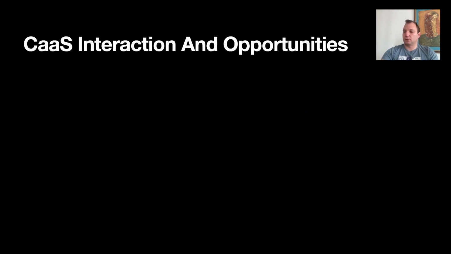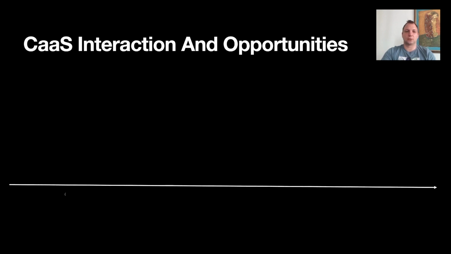Okay, so let's move on to our next few slides. So we saw the interaction of C++, and I wanted to maybe talk a little bit about the opportunities that this opens.